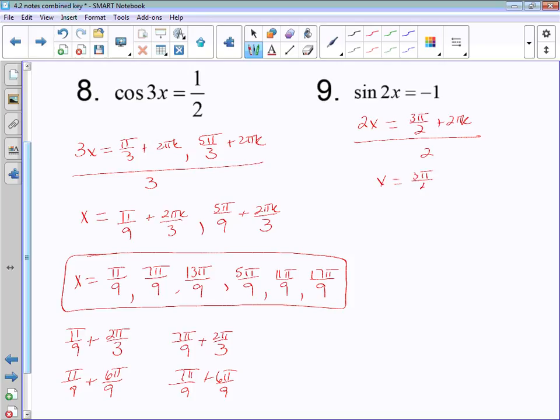So we get 3 pi over 4 plus pi k. So your first answer is 3 pi over 4. If you add pi to that, that's like adding 4 pi over 4. You get 7 pi over 4. And then you're done. How many got that one? Okay, we're getting there.